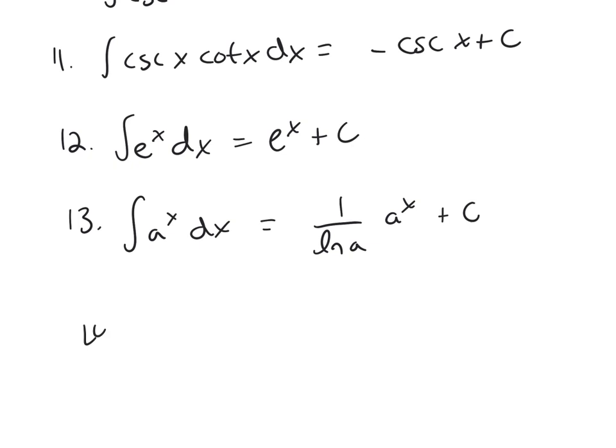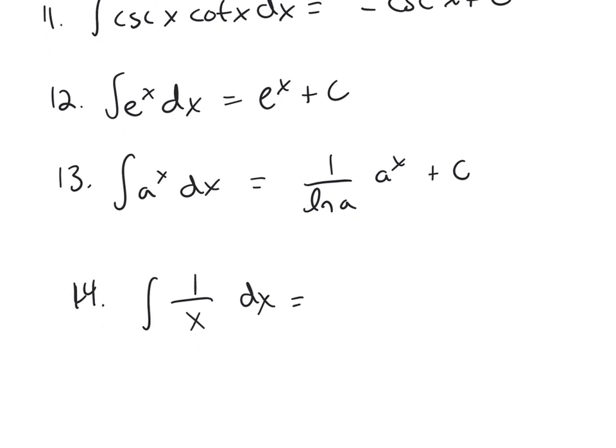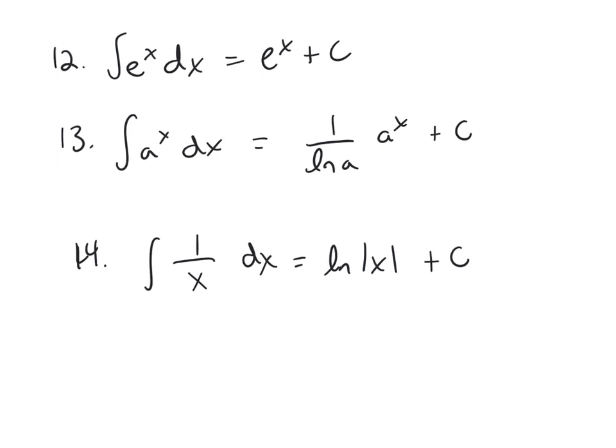And then our very last rule, it's kind of related to something we talked about before, 1 over x. Remember our reverse power rule, n couldn't be -1. And so here, which function has derivative 1 over x? It's ln of x plus c. So these are our basic integration rules, and now we're going to take and compute some integrals.